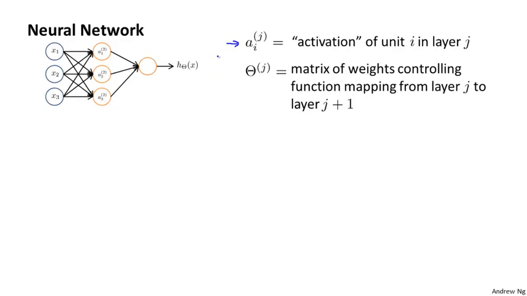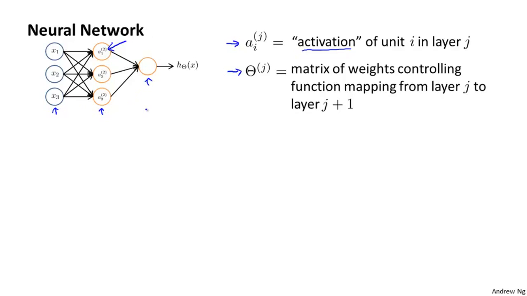So concretely, a superscript 2 subscript 1 is the activation of the first unit in layer 2, in our hidden layer. And by activation, I just mean the value that is computed by and output by a specific unit. In addition, our neural network is parameterized by these matrices theta superscript j, where theta j is a matrix of weights controlling the function mapping from one layer, maybe the first layer to the second layer, or from the second layer to the third layer.